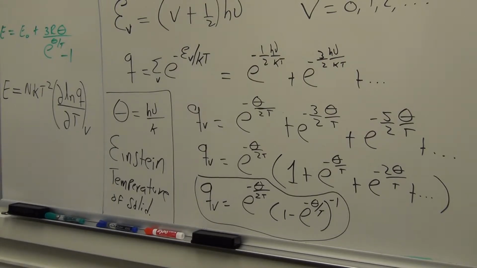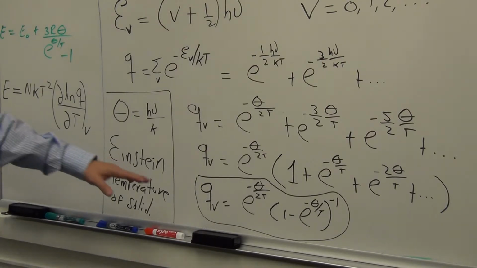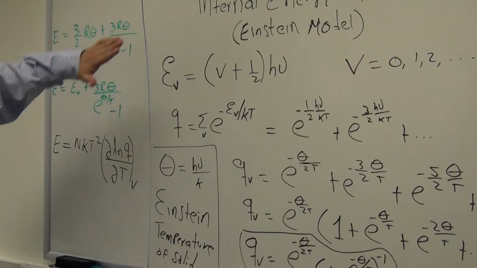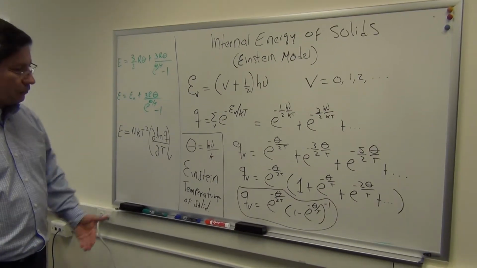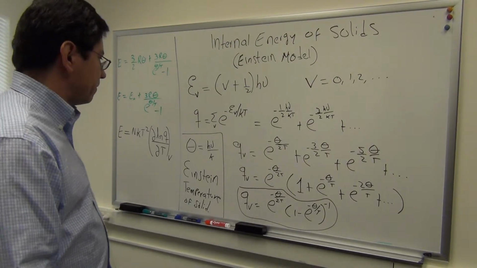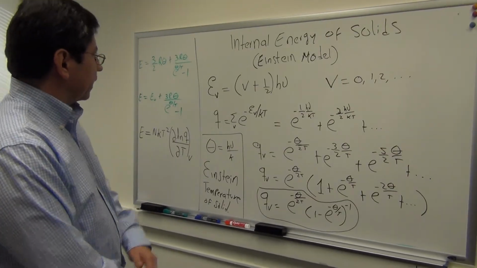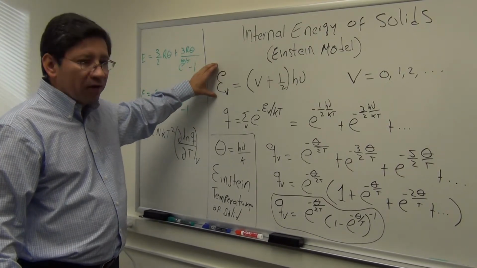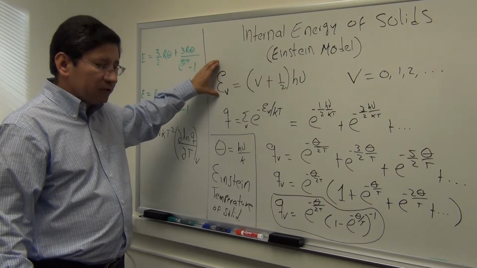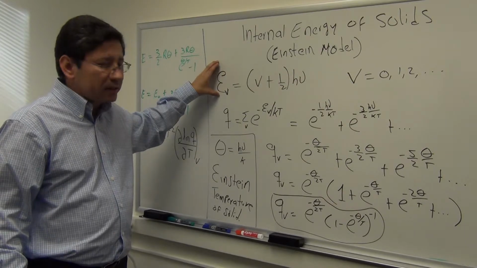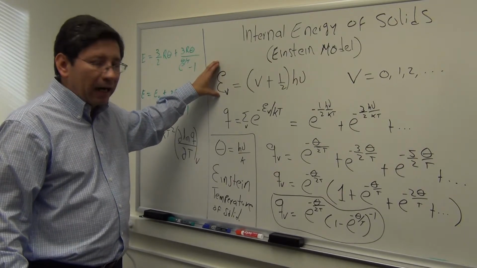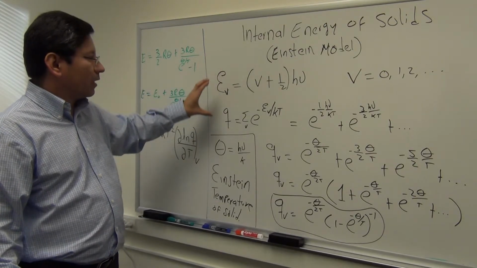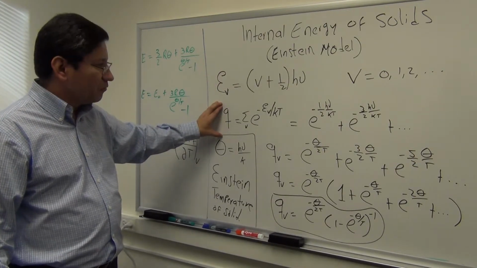This is how much we have advanced in our goal to getting here. So I'm going to erase this and we can continue. We're almost done. But again, we needed a model capable of providing an expression for the vibrational energies of the atoms or the oscillators in the solid, from which we can obtain Q, the partition function.